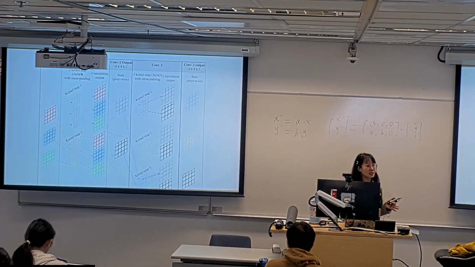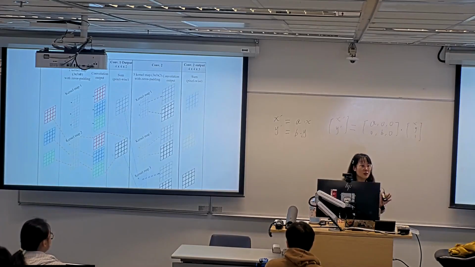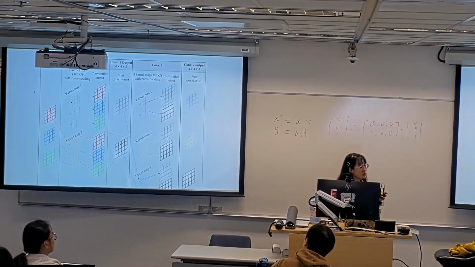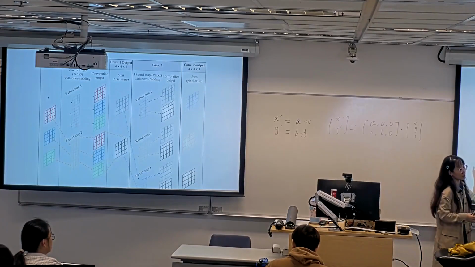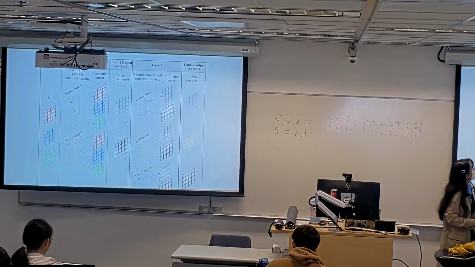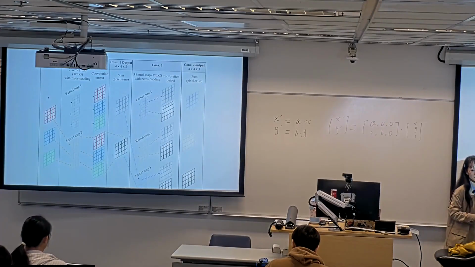So the kernel size is 3 by 3, and we have to set the depth to 3, because in a convolutional layer, the kernel depth must be the same as your input depth. Like this input layer, you already have a depth of 3 for the input image. Then in this convolutional layer, you must set the kernel depth also as 3 so that you can map them one by one.